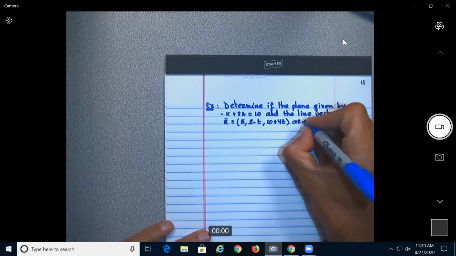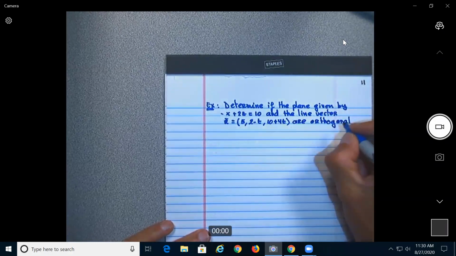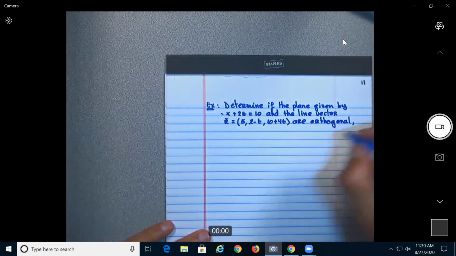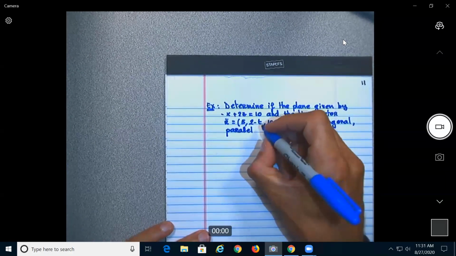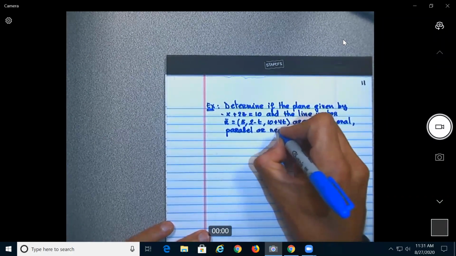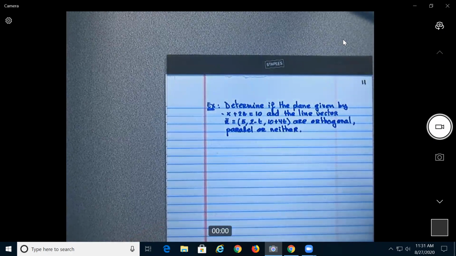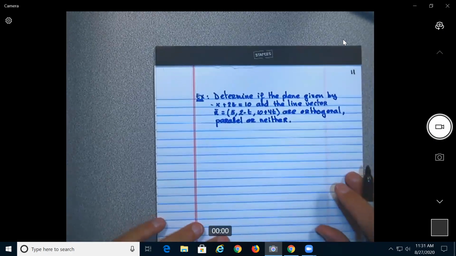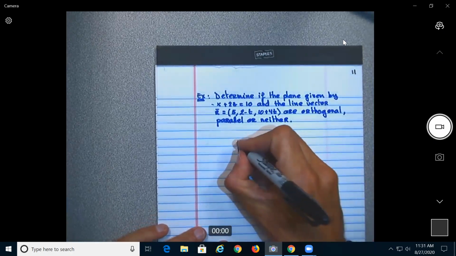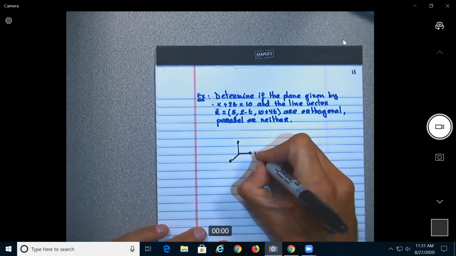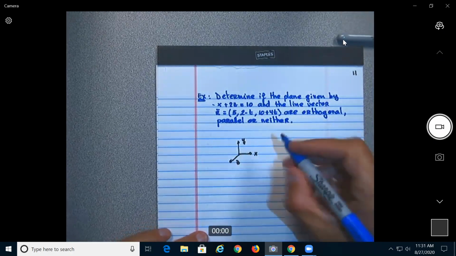are orthogonal, parallel, or neither one. So basically, if we had to plot it, let's say we have a reference frame x, y, z, and let's say you have a plane over here.